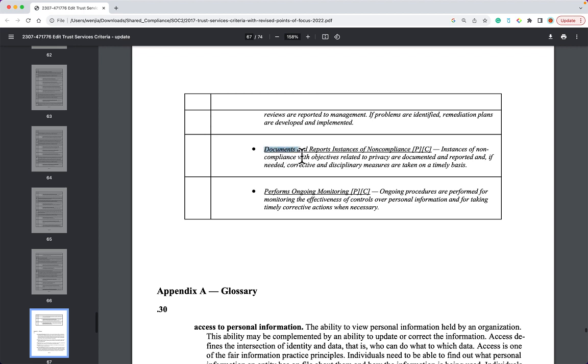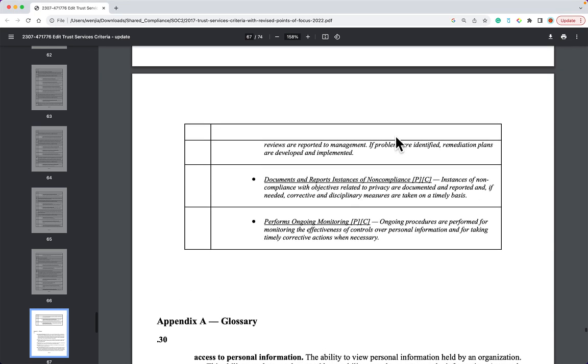Next point, documents and reports instances of non-compliance with objectives related to privacy are documented and reported, and if needed, corrective and disciplinary measures are taken on a timely basis.